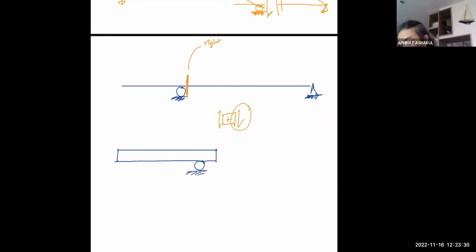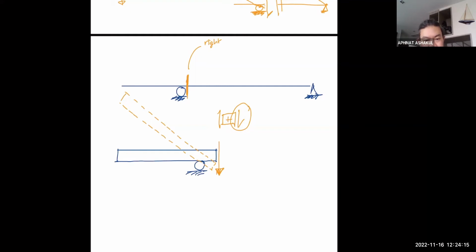So on the right is down, so this guy is now free to move down. But because we are slightly to the right, this will go down like this, on the right, and thereby pushing the left side up. Because we are just a tiny bit to the right side of the support. That's why we have this kind of shape.